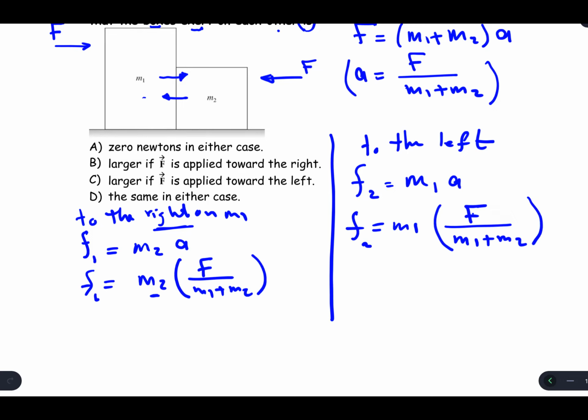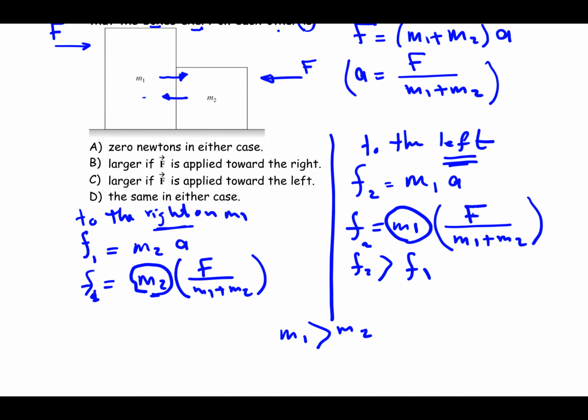Which is larger, F1 to the right or F2 to the left? Put in your mind that M1 is larger than M2. So F2 is larger than F1 because M1 is larger than M2. F2 was to the left.